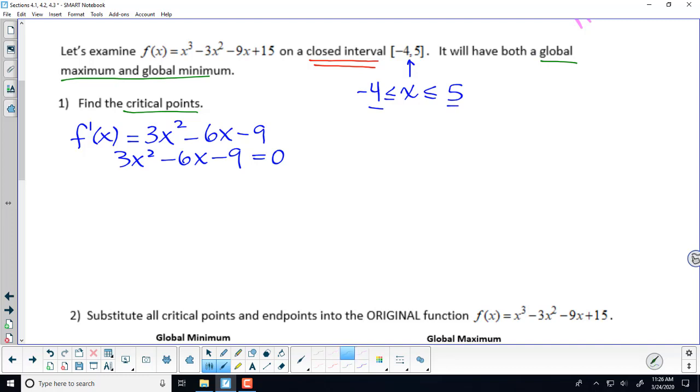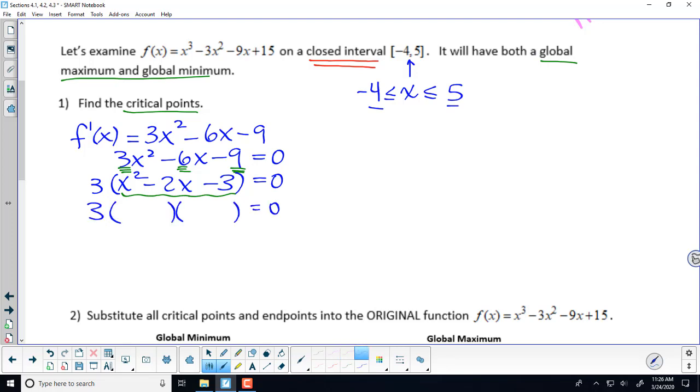Factoring. Once again, first thing you should look for is greatest common factor. Even if it's a constant, it makes life much easier. So I have a factor of 3 that I can pull out. So divide everything by 3. And now here's one of our trinomials that factors into 2 binomials, kind of the reverse FOIL method.